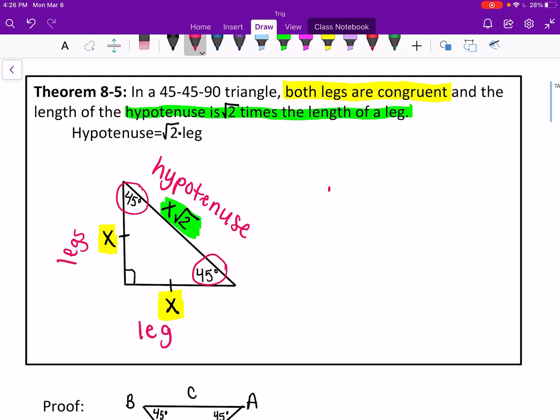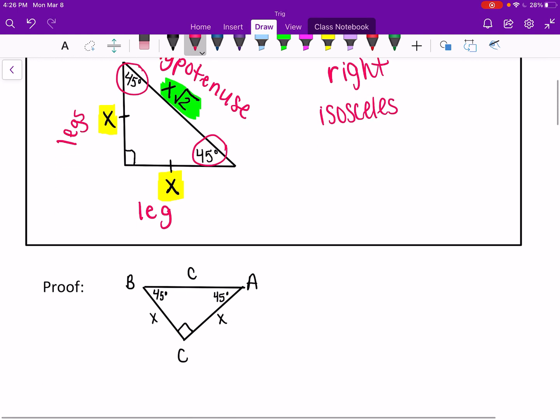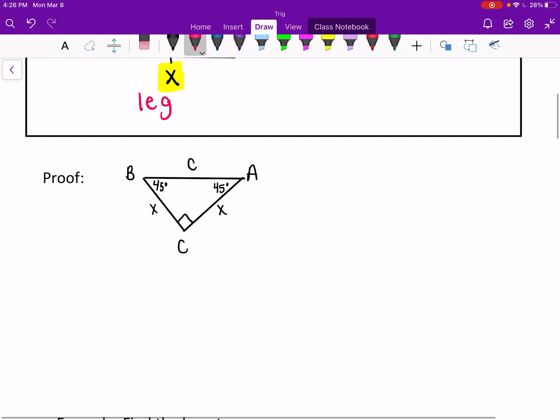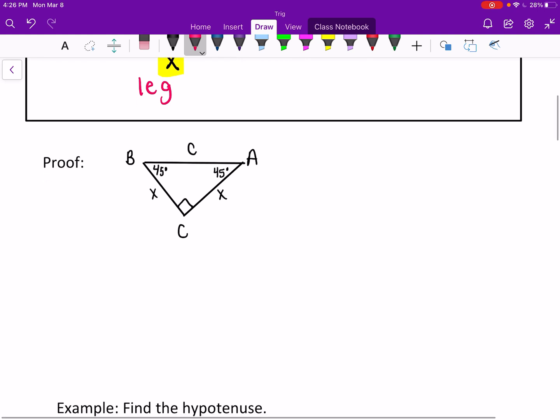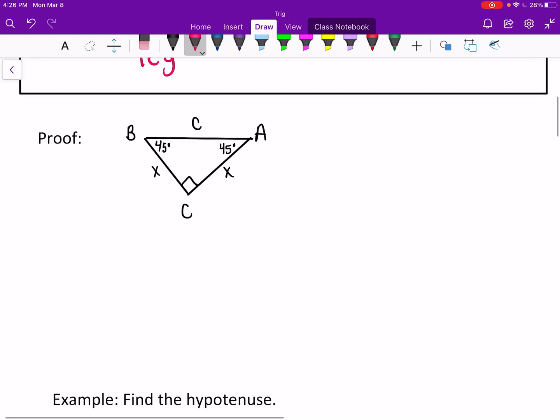So this is a right isosceles triangle. We're going to take a look at what happens to the hypotenuse in a right isosceles triangle.